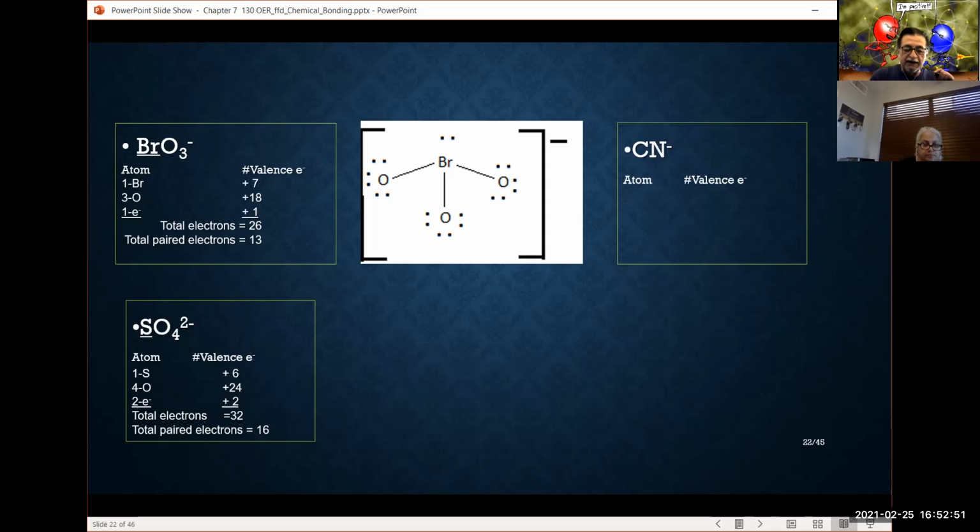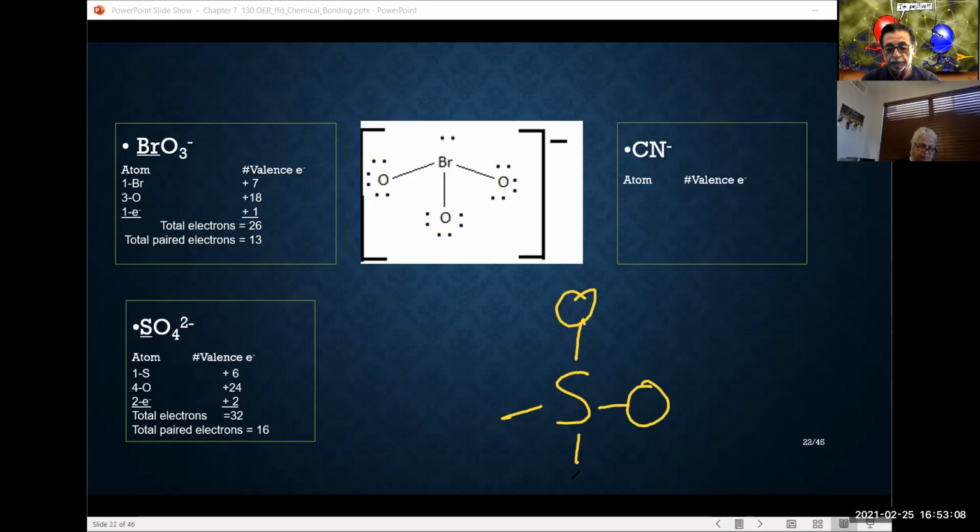Or 16 pair. Okay. And so I know that sulfur, I've been told, is the middle element. So I can very quickly write sulfur, and then I got 4 oxygens bonded around it. Okay. So that took care of 4 pair of electrons.